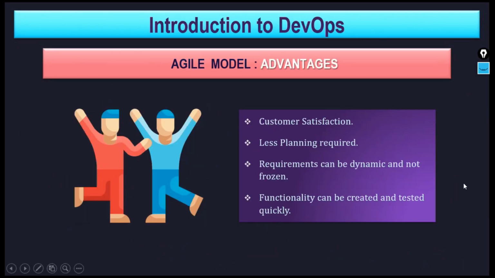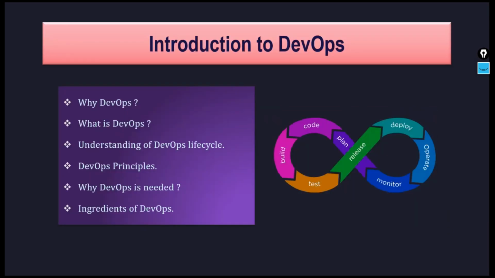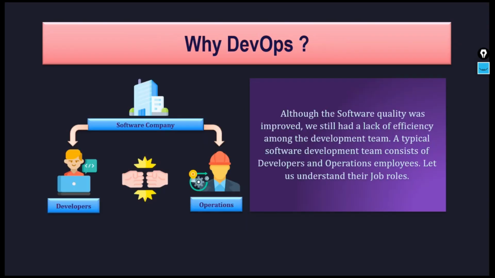So you see, agile model has a lot of advantages. So, introduction to DevOps. Because you have understood why you have to go into the agile model, with the advent of DevOps. DevOps has DevOps principles, and very important.